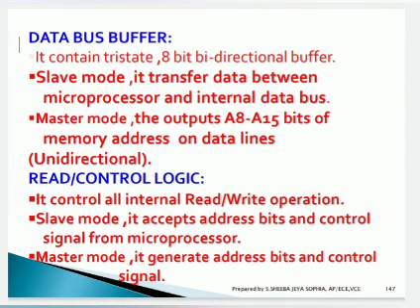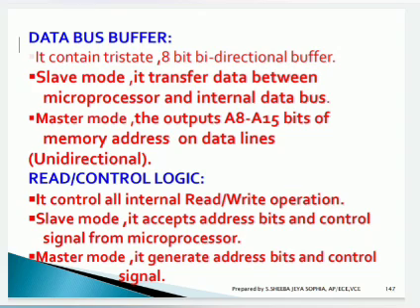What is this data bus buffer? It contains a tri-state 8-bit bidirectional buffer. It operates in slave mode and master mode. In slave mode, it transfers data between the microprocessor and the internal data bus, whereas in master mode, the output A8 to A15 bits carry the memory address on data lines, which is unidirectional.